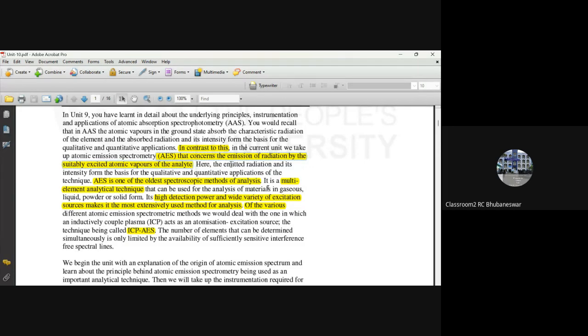Initially the excitation of the atomic vapors will take place, followed by the emission.